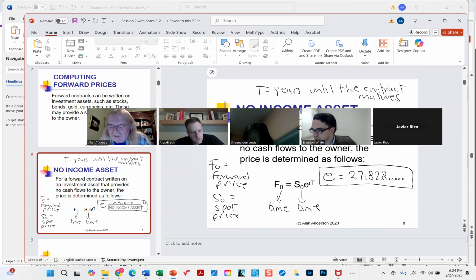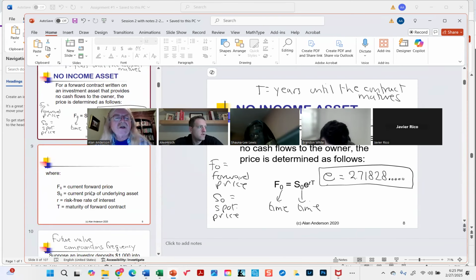Now, I know that the other phones have them, but they're not exactly the same. So for this formula, I'm going to show you how to do this on the iPhone, because you may not have a TI-84 or one of the others. We'll get to that in a second. And then R is the rate of interest. That rate of interest isn't just any old rate.